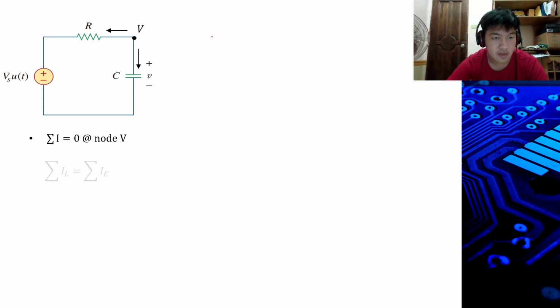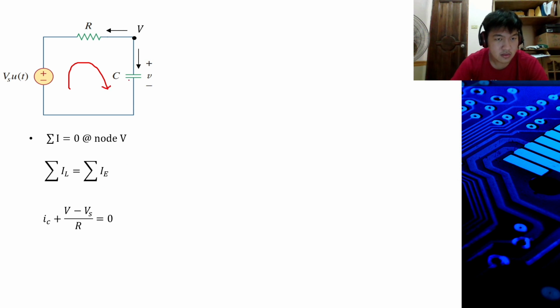The summation of currents leaving is equal to the summation of currents entering. So, the capacitor current is I of C plus the high potential V minus the lower potential Vs, divided by R, is equal to 0. There is no entering current, only two leaving currents, so the entering is 0.